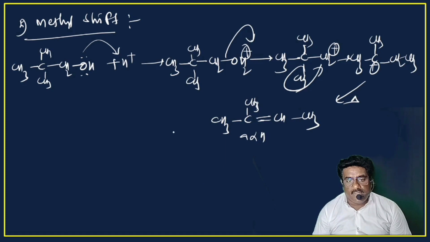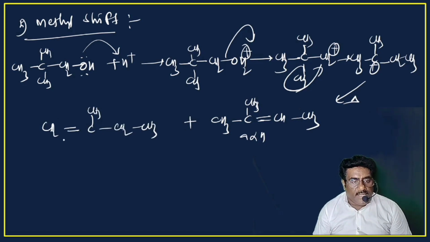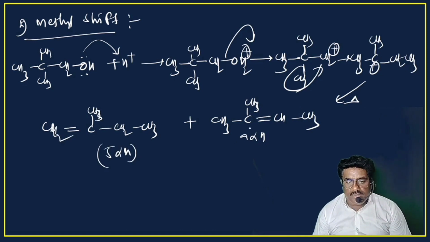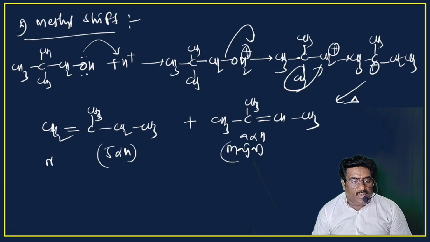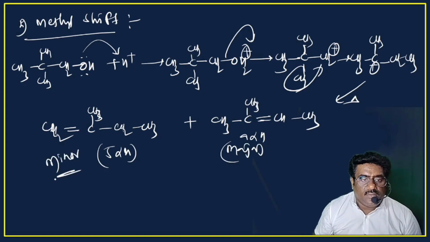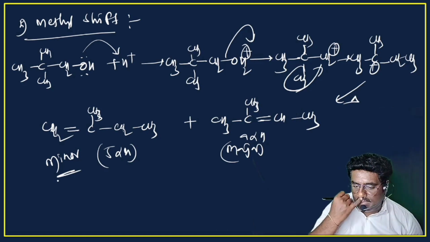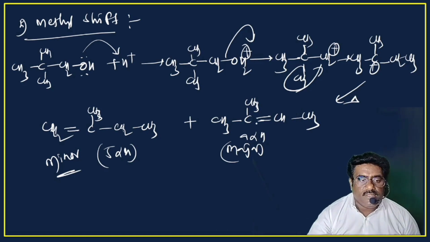Next, CH2 double bond CH, CH2, CH3. In this alkene system, there are 3 plus 2, so 5 alpha hydrogens. Which is major? The one with 9 alpha hydrogens is major and the one with 5 is minor. This is for methyl shift and hydride shift.